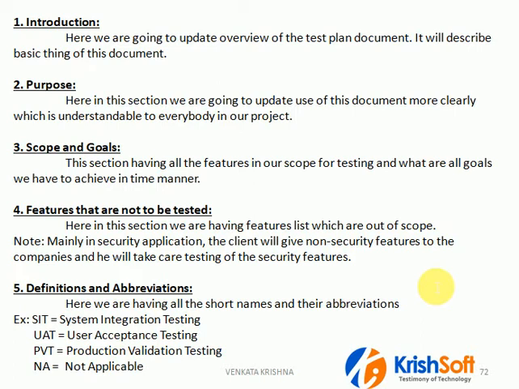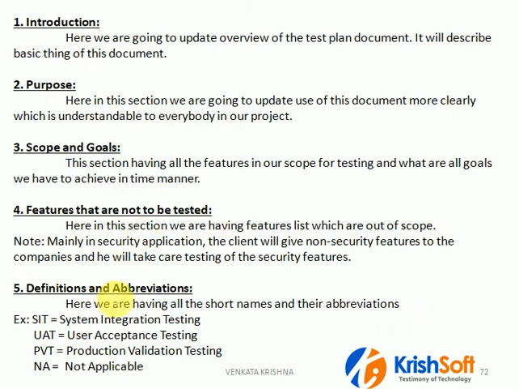In scope means what functionalities we need to test, and what functionalities we need not test. That is the next section, features that are not to be tested. These are the features we need not test as part of our testing. Those will be taken care of by the client later.